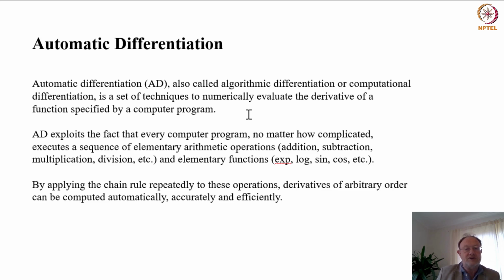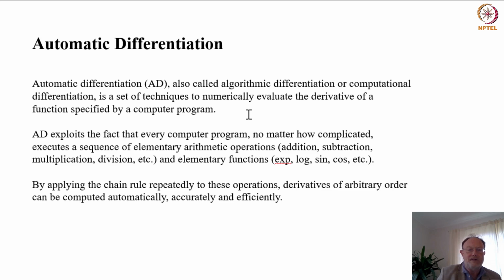And this exploits the fact that every such program, no matter how complicated it is, really executes a sequence of elementary arithmetic operations and elementary functions put together in a typically recursive manner.